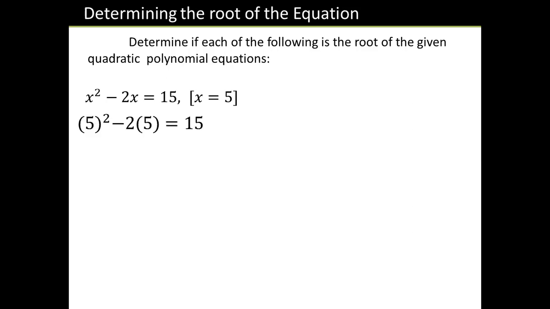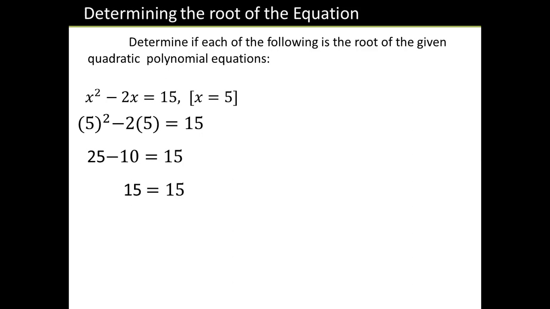So therefore, x squared, we know x equals 5. So therefore, 5 squared minus 2 times 5 equals 15. All right. So therefore, you have now 25. 5 squared is 25, minus 2 times 5 is 10, equals 15.